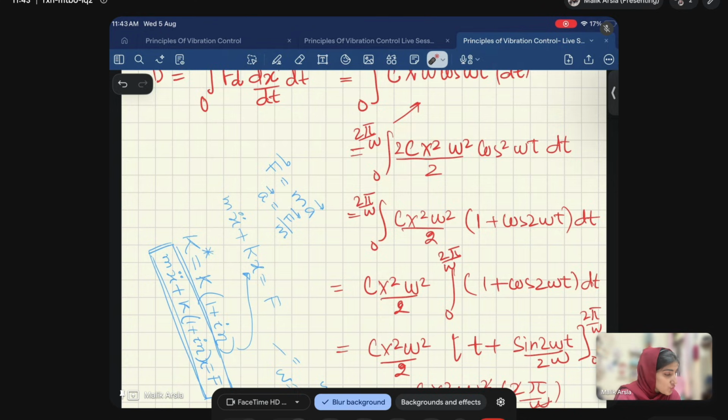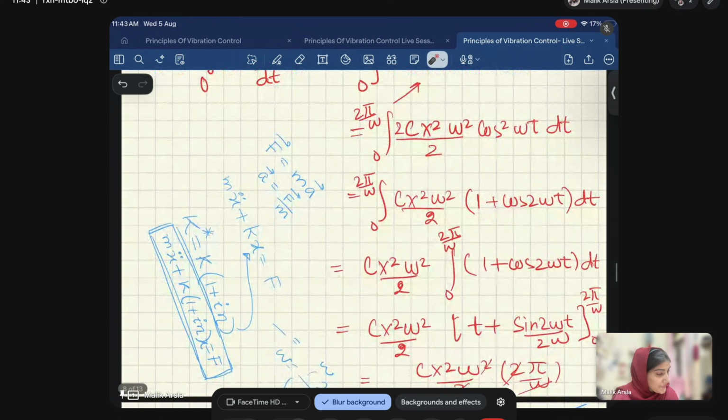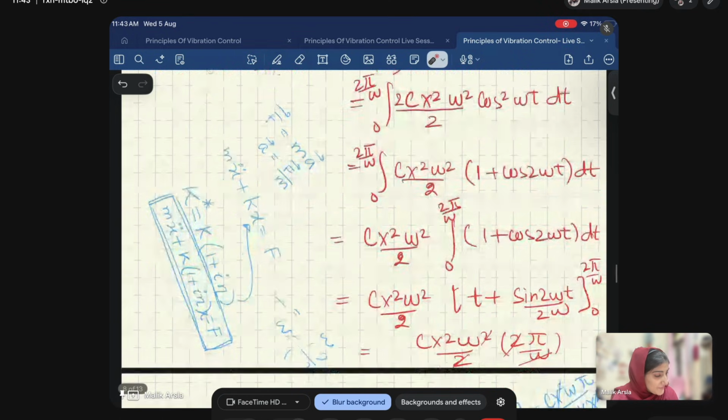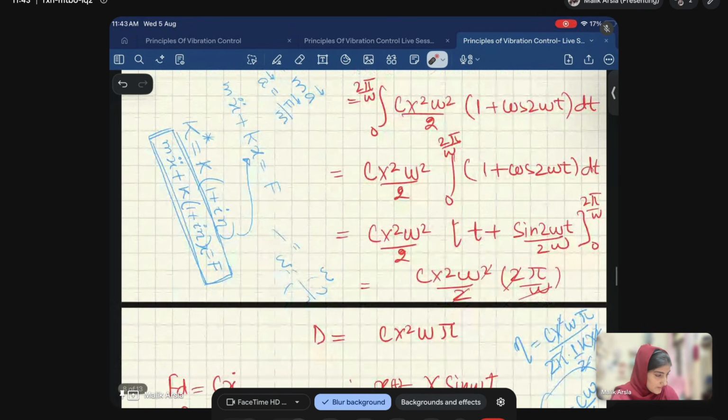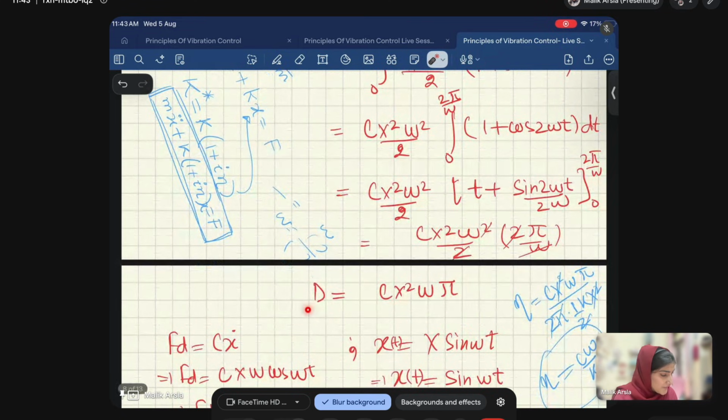Now this cos square omega t can be written as 1 plus cos 2 omega t, a simple trigonometric formula. I'm not going to elaborate this here because it's just algebra, you can solve it. Ultimately when you integrate, it comes out to be E_d equal to C X square omega into pi.